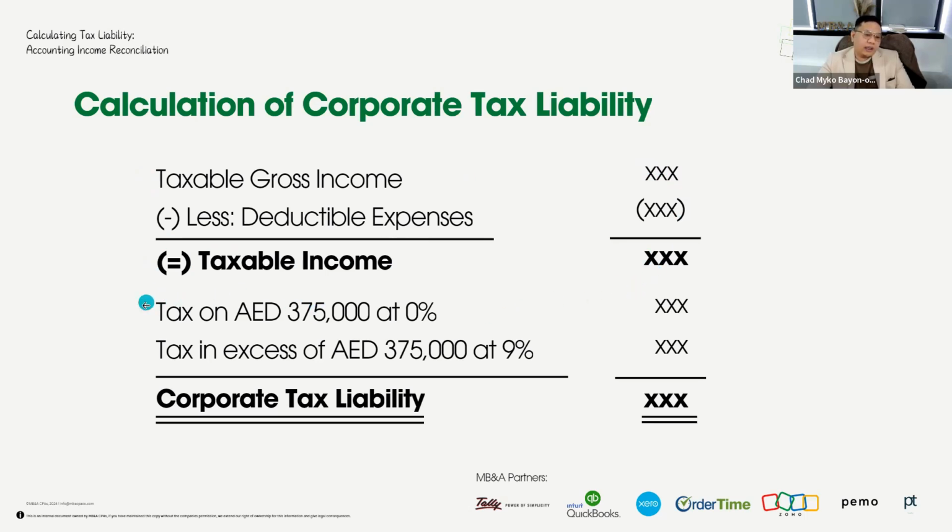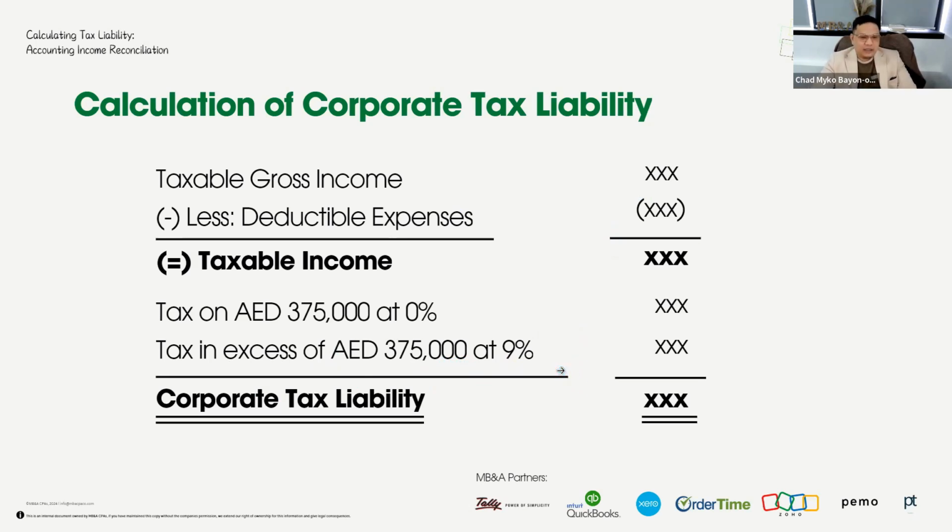And then you'll be considering the taxable income as your tax base for computation of your tax liability. So the first 375,000 would be at 0%. And then in excess of 375,000, that will be 9%. And then we will be able to come up with our corporate tax liability. So this is the normal presentation for most of the countries.